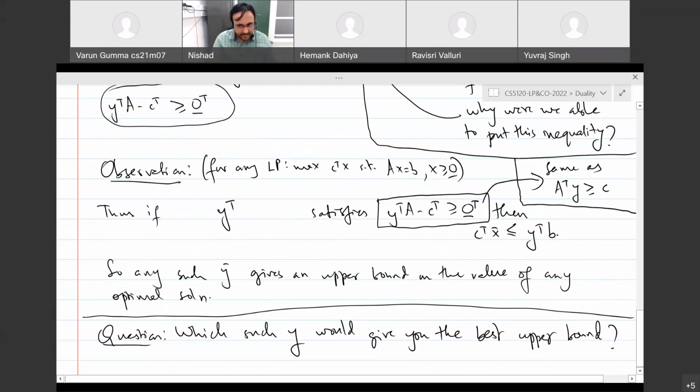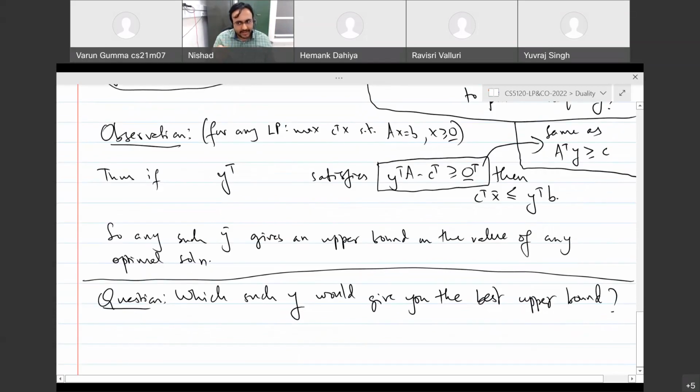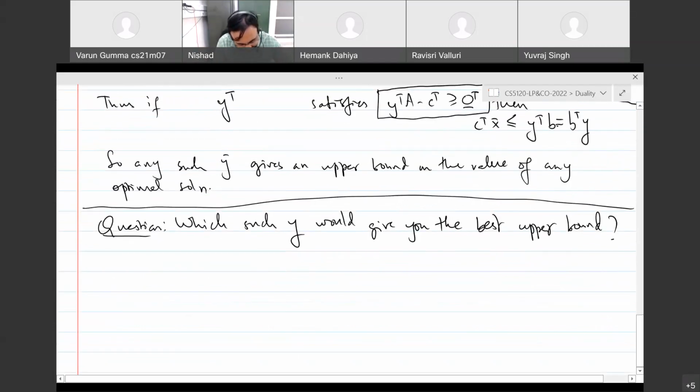So you want to find a Y that satisfies these constraints and minimizes Y transpose B. And Y transpose B, I can write as B transpose Y. So you want to minimize B transpose Y subject to, oh, is that another LP? Do we have another LP here?